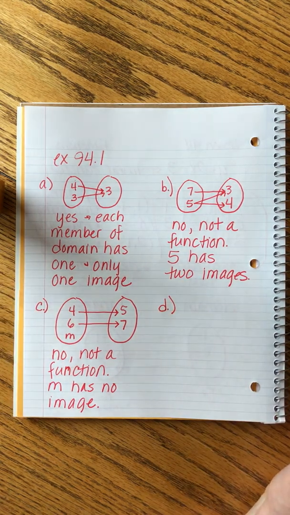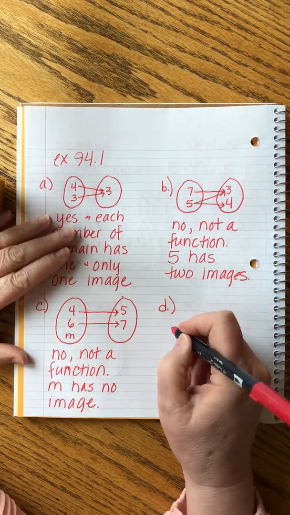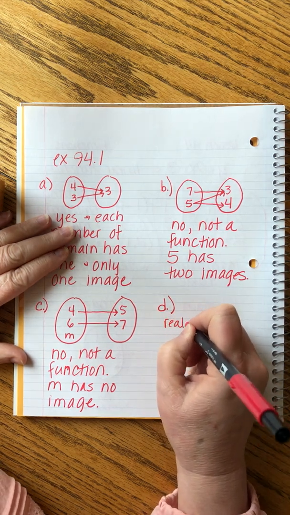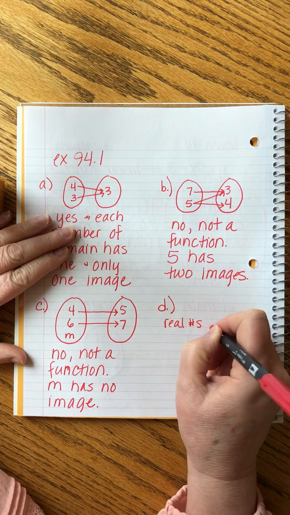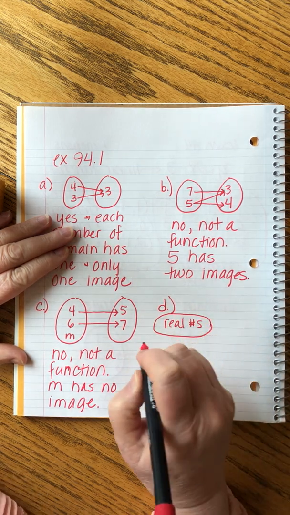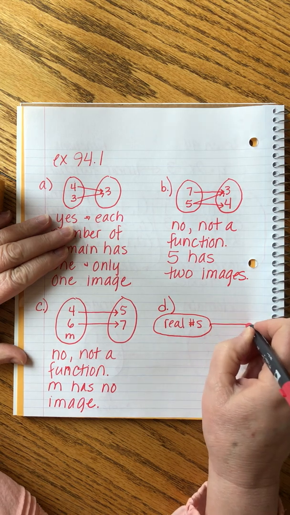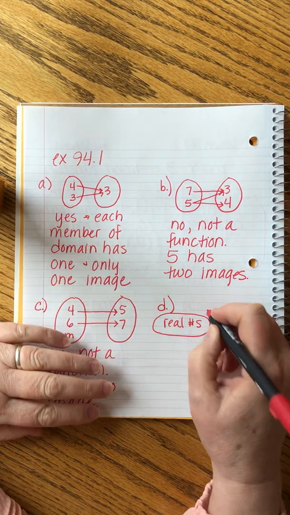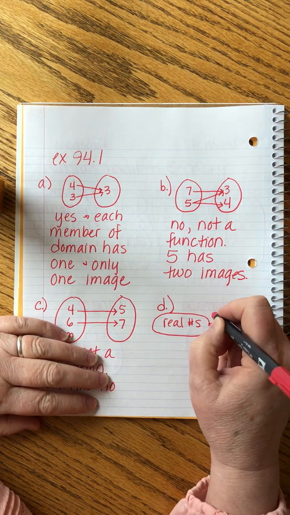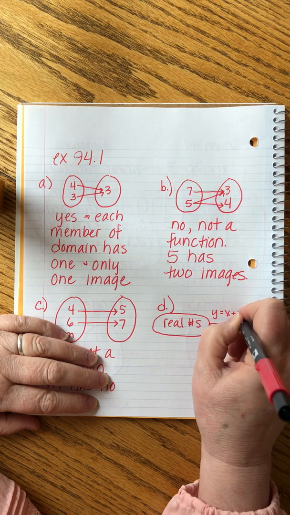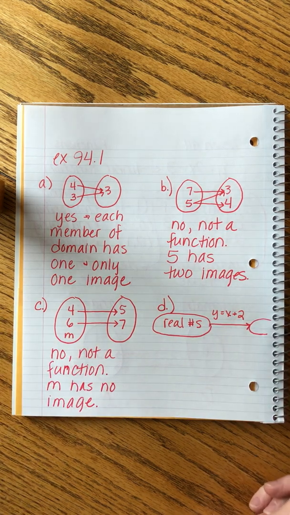And here comes the last one. And this one looks different and it's confusing. The domain is described as the real numbers and then up above the arrow is written y equals x plus 2. Now, what are they even saying here?